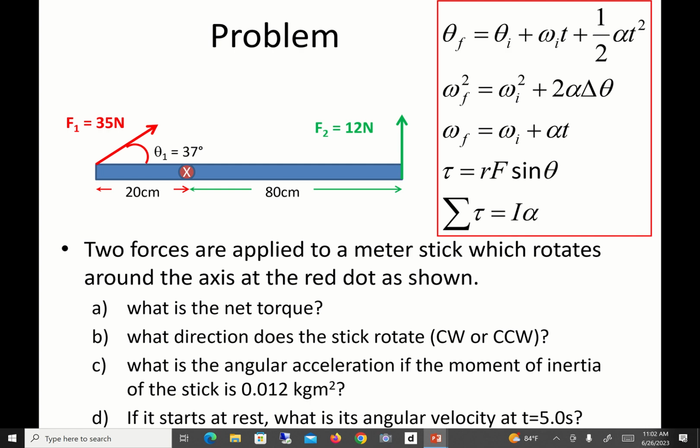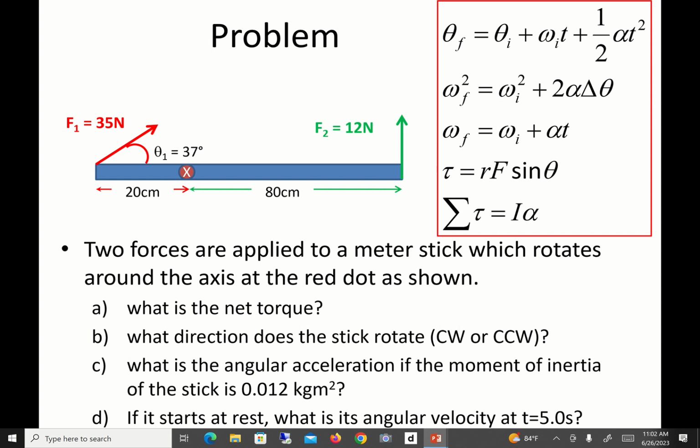Okay, so the problem that I want you to work on is a combination of rotational kinematics and rotational dynamics. In this case, you have a meter stick, so it's sort of like the seesaw problem. You're pulling up on one end with 35 newtons, and you're pulling up on the other end with 12 newtons. Remember, the distances here are in centimeters, put them into meters.